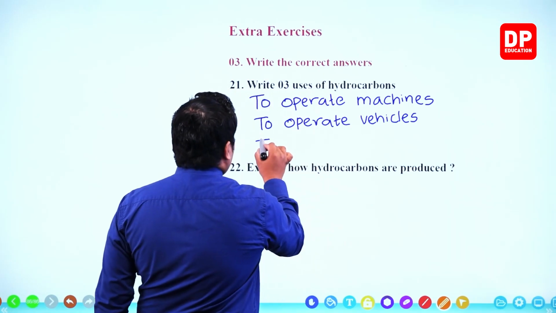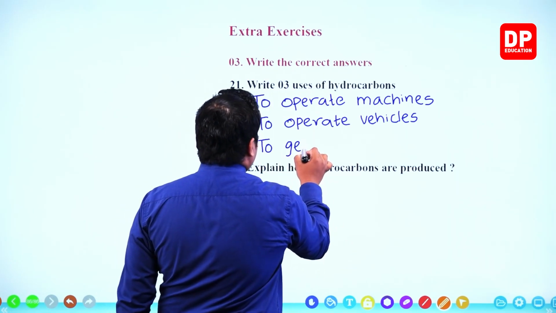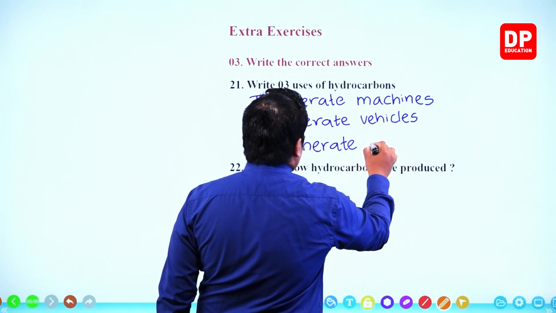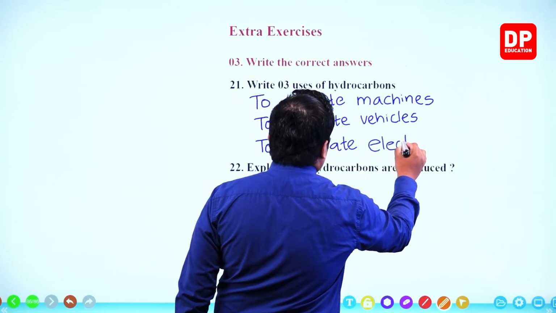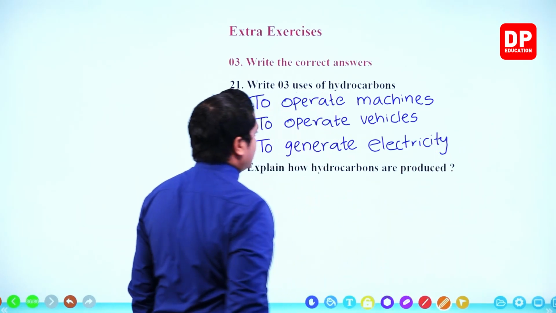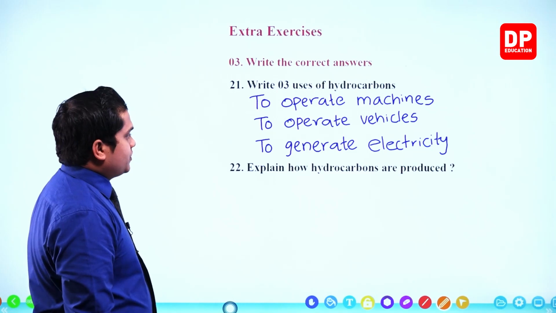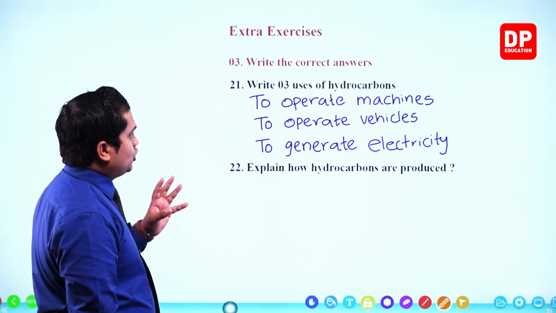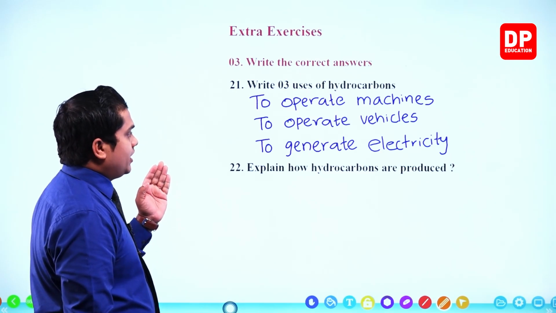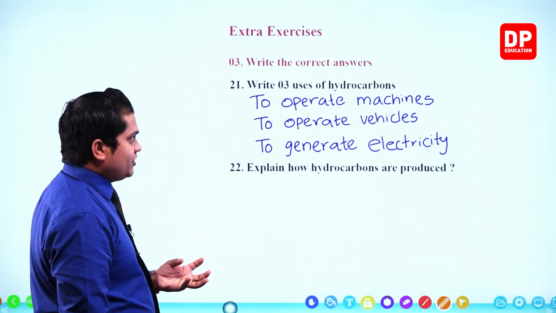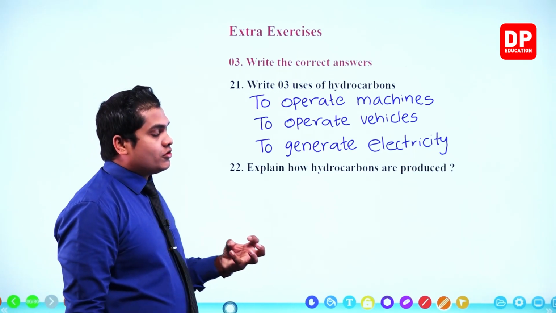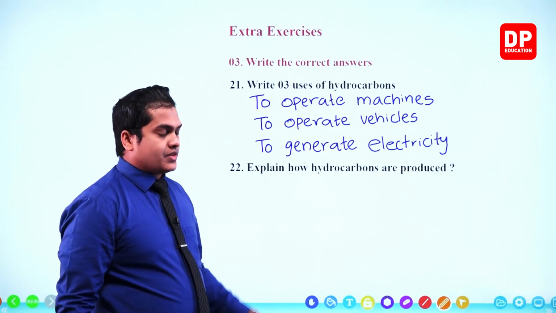And to generate electricity also, we use hydrocarbons. So these are the uses of hydrocarbons. To operate machines, to operate vehicles in engines, and to generate electricity.